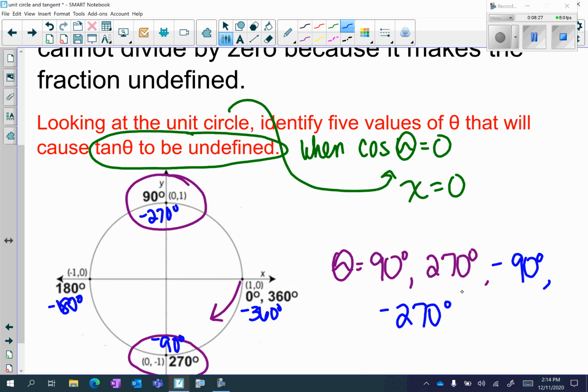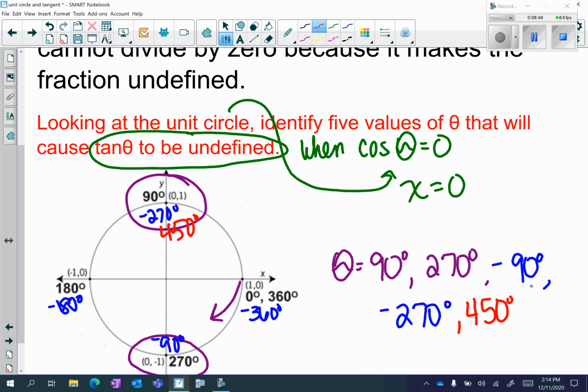And I want to do one more, so I'll do coterminal on the positive side. If I have 360 and I continue moving around the circle and I hit back up at this 90-degree spot up here, that would be 450 degrees.